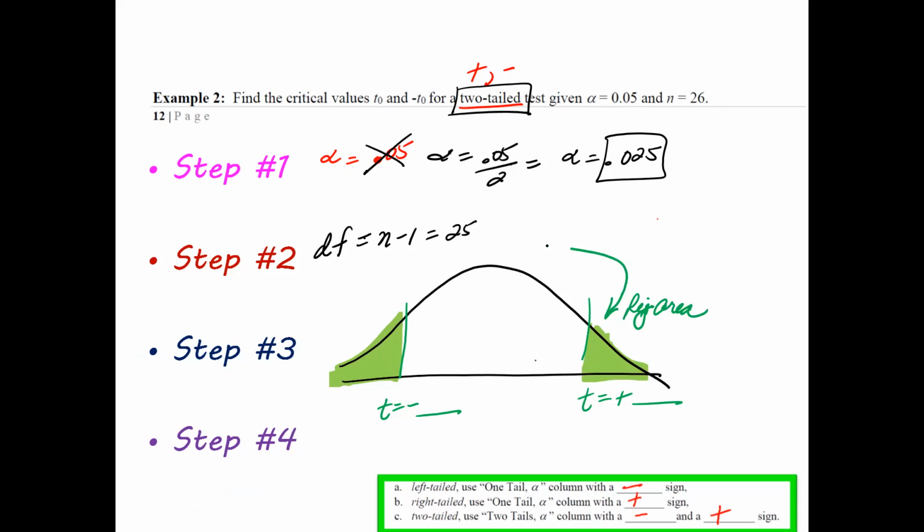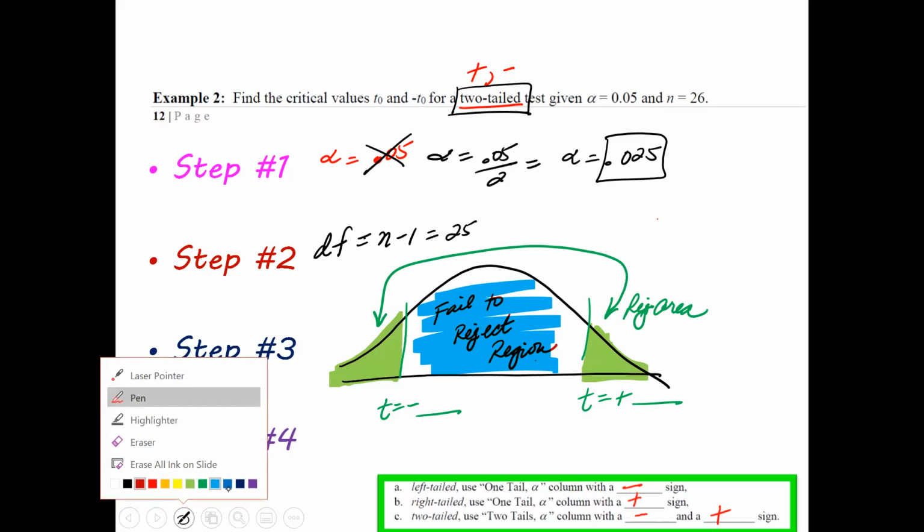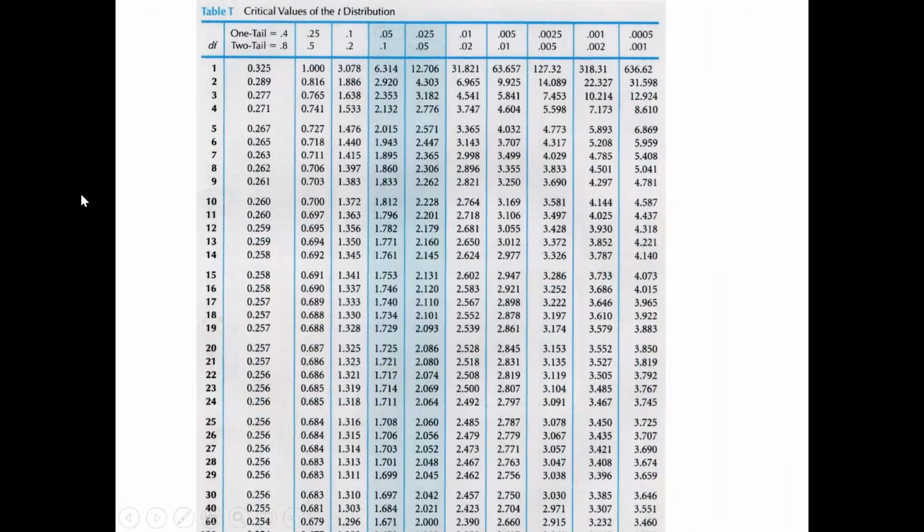So it's going to be this side here and this piece right there. And then, of course, the space in between is going to be the fail to reject region.